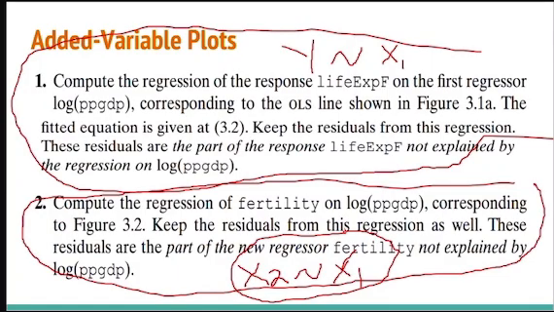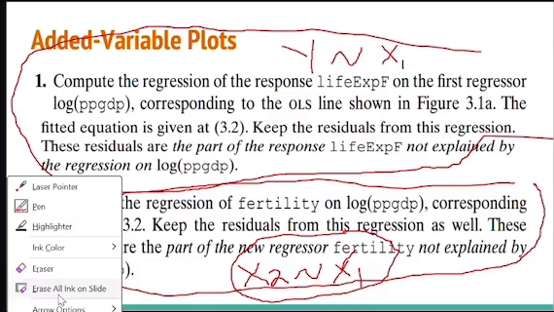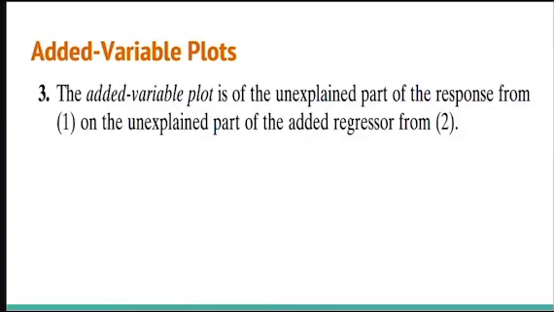Okay, and when I do that, if I now want to get my added variable plot, then what I'm going to do is plot the first against the second. I'm plotting residual against residual: the first one is when I regress y on x1, and the second one is when I regress s2 on x1.